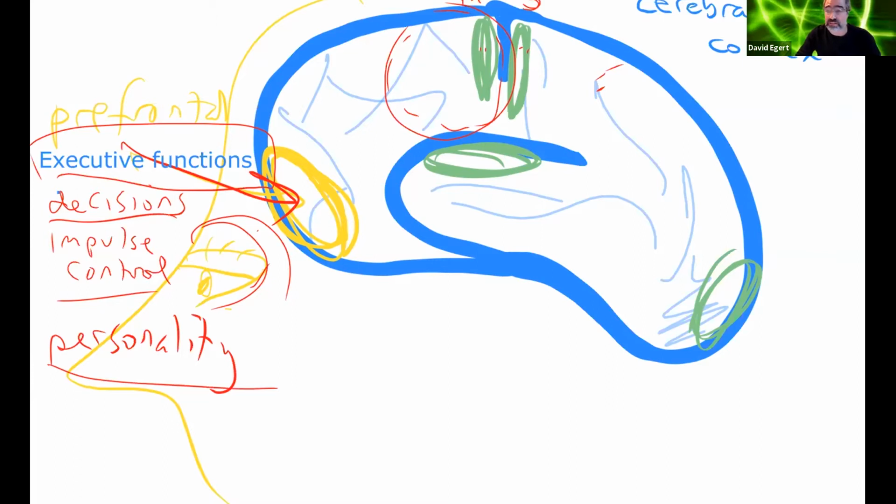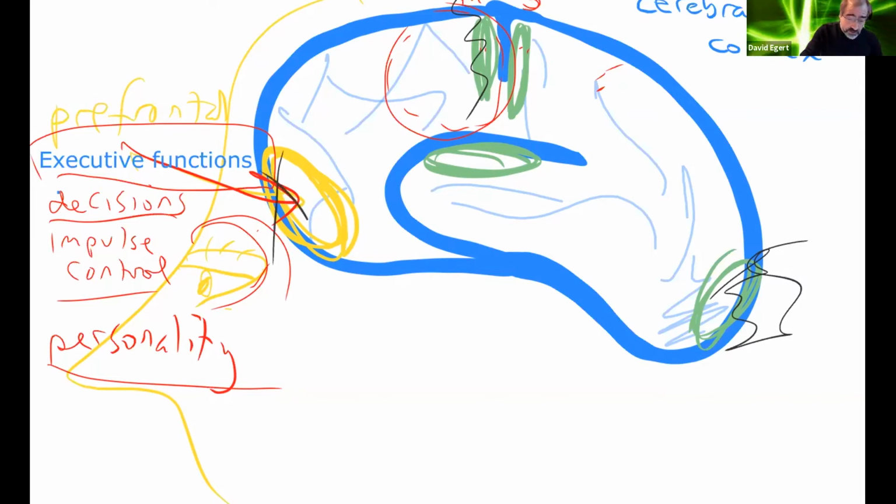A classic example most people have read about in psychology classes is Phineas Gage, the guy who got the steel rod through his head. If you have some stroke and you damage the motor cortex, you're going to be paralyzed for part of your body. There's going to be motion impairment. If you have a stroke that's damaging part of your visual cortex, you are going to have problems with your visual processing.